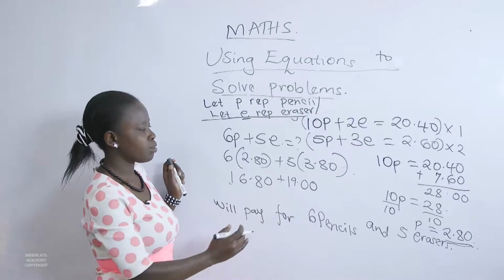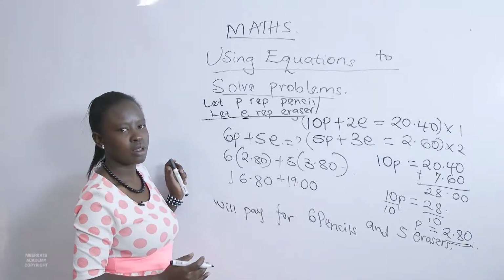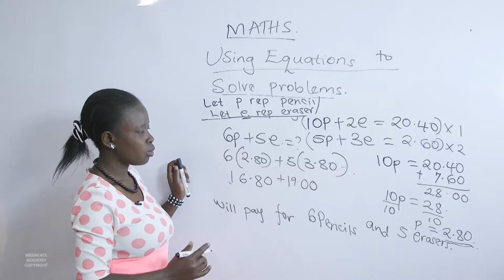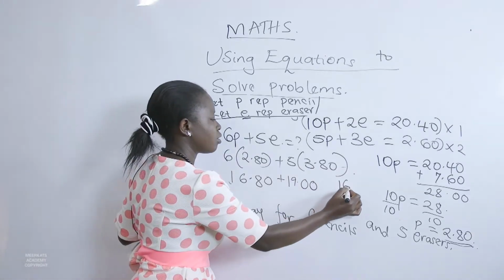16.80 plus 19.00. So adding, this is 16.